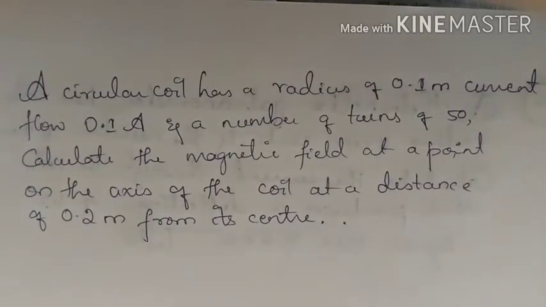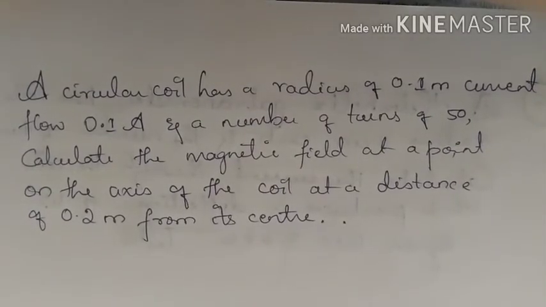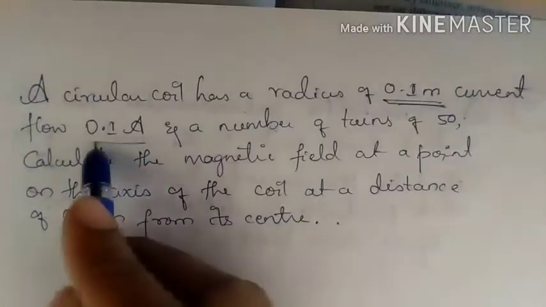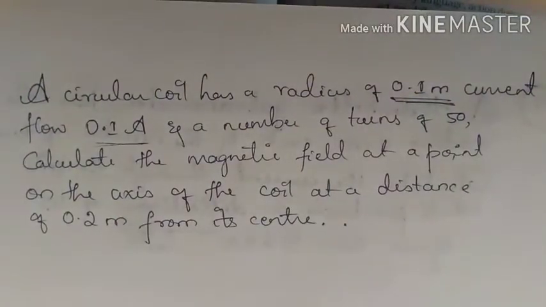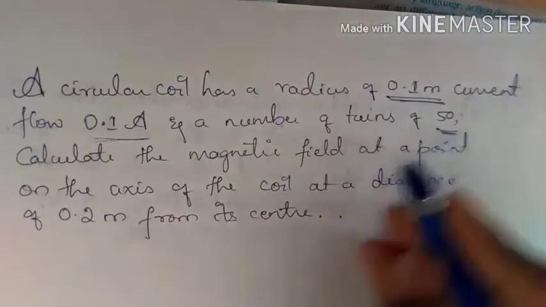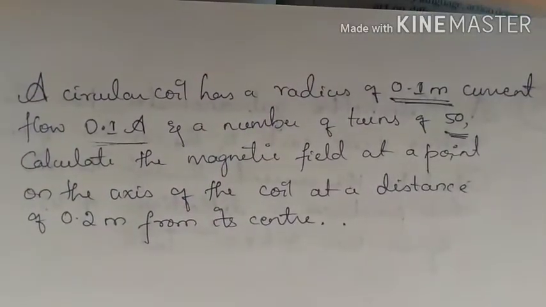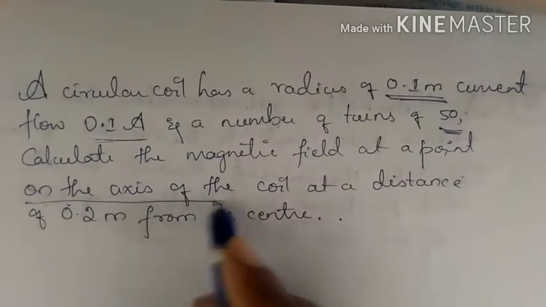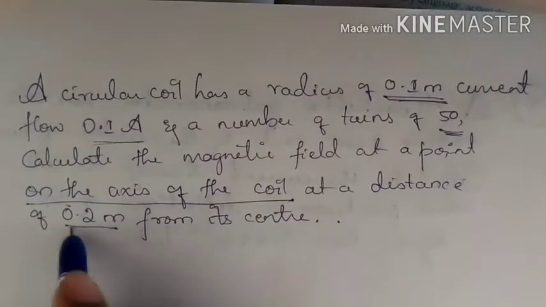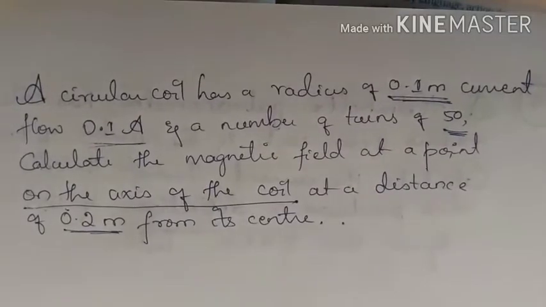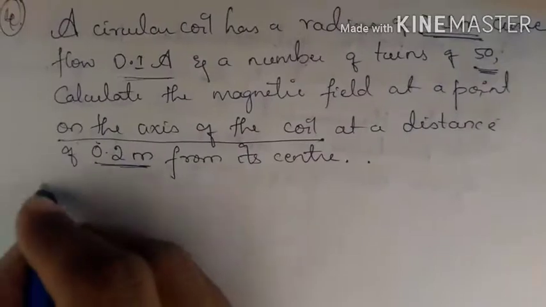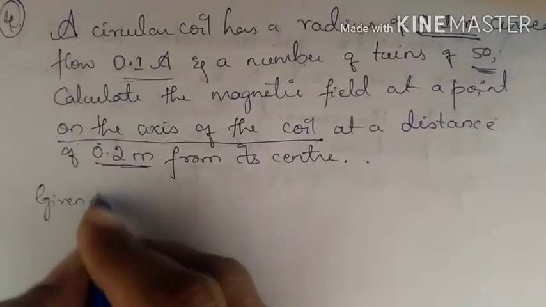What we have understood here is, we are given the radius of the coil as 0.1 meters, current through it is 0.1 amp, and the number of turns is 50. Now we have to calculate the magnetic field at a point on the axis of the coil at a distance 0.2 meter from its center. First let us write the given data.